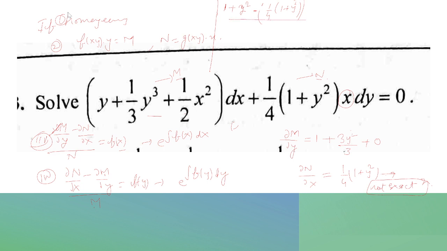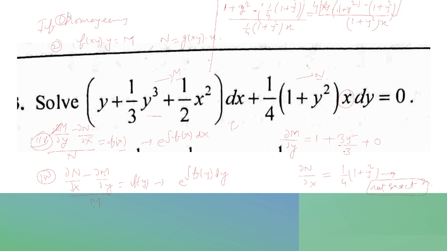What is N? N is 1 by 4, 1 plus y square into x. Subtracting this, what do we get? This is 4 into, by taking LCM, 4 into 1 plus y square minus 1 plus y square divided by 1 plus y square, and taking 4 to the upper side and x.